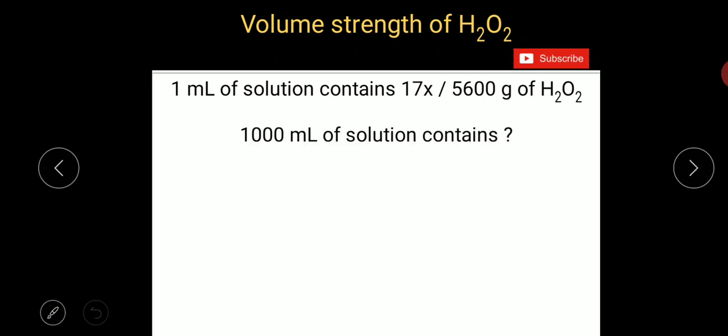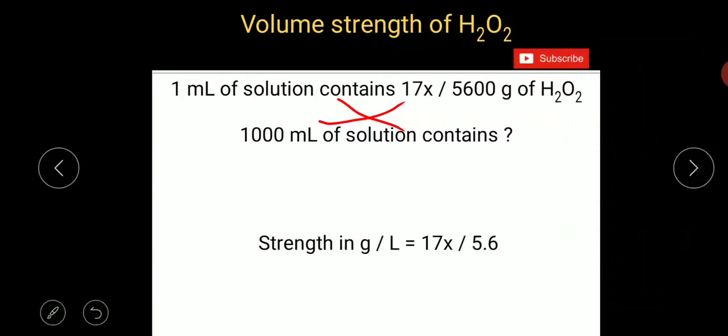Let's find out 1000 ml of solution contains how much mass of hydrogen peroxide. Even for that we need to use cross multiplication. Then you will get 17x by 5.6.